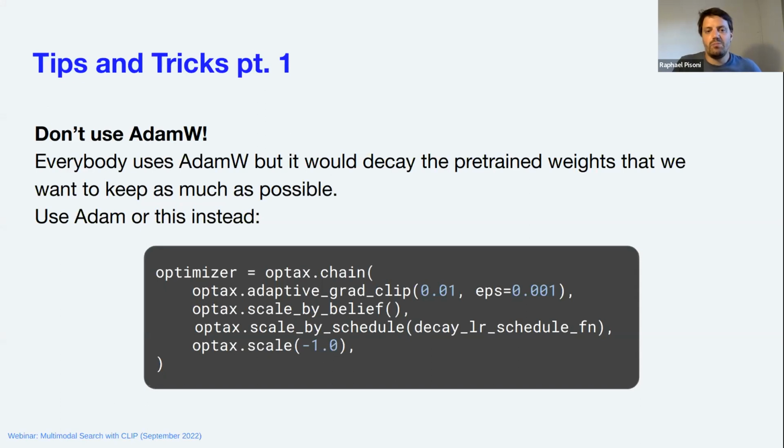And that would have been really bad, because we wanted to keep as much as possible of the original performance. So instead of Adam with weight decay, you can just use Adam, or this custom optimizer that we came up with during the competition, and that worked really well.